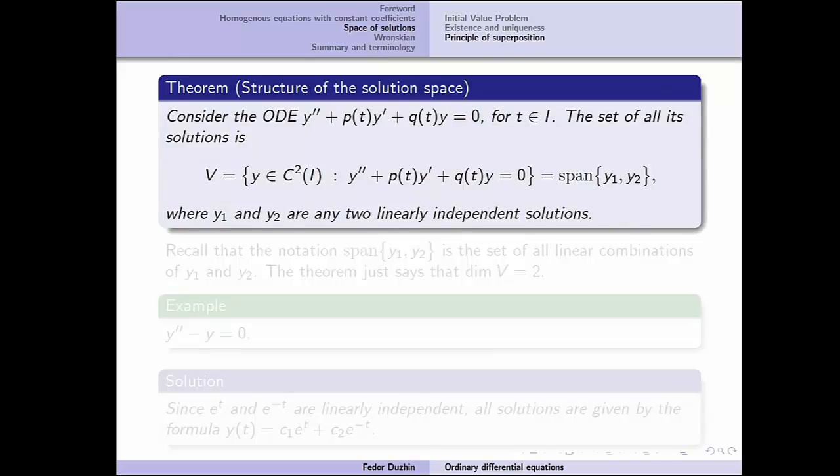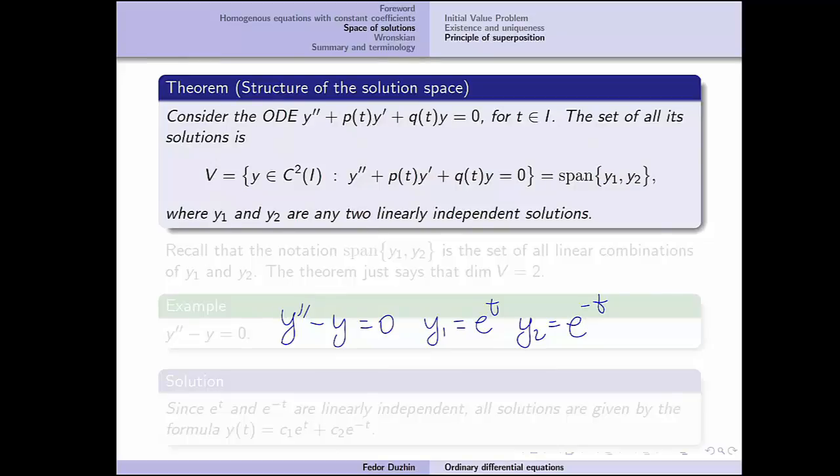some specific linearly independent solutions, like, remember that in the case when the equation was y double prime minus y equals 0, then the two linearly independent solutions were y1 equals e to the t, y2 equals e to the minus t.